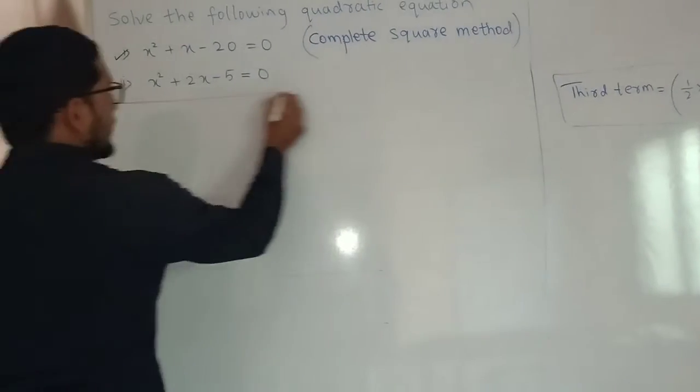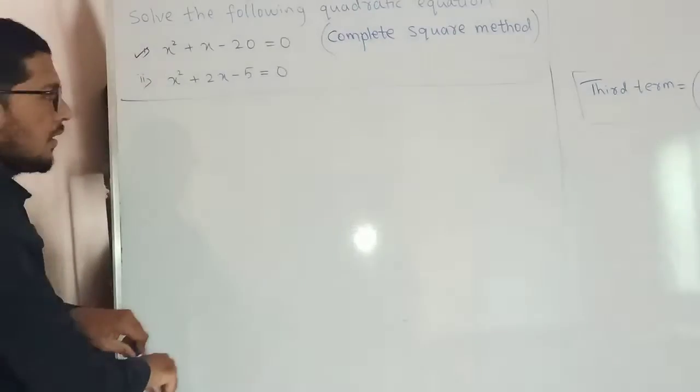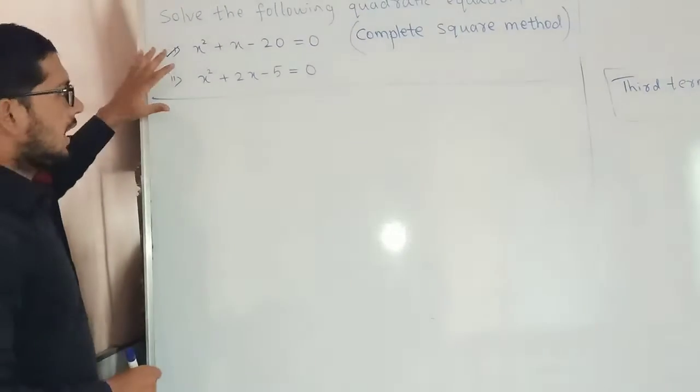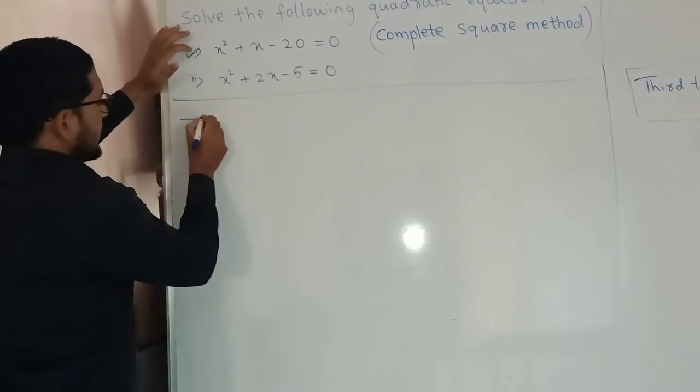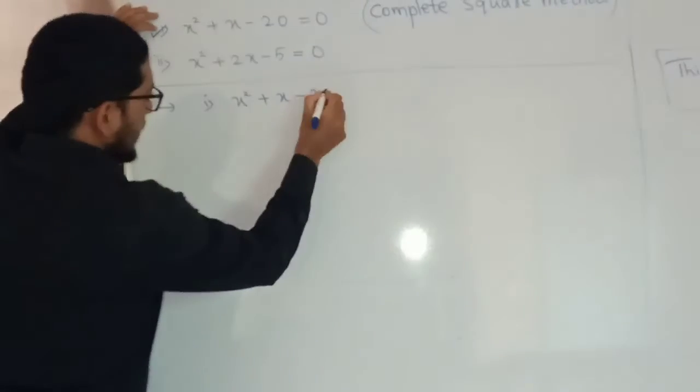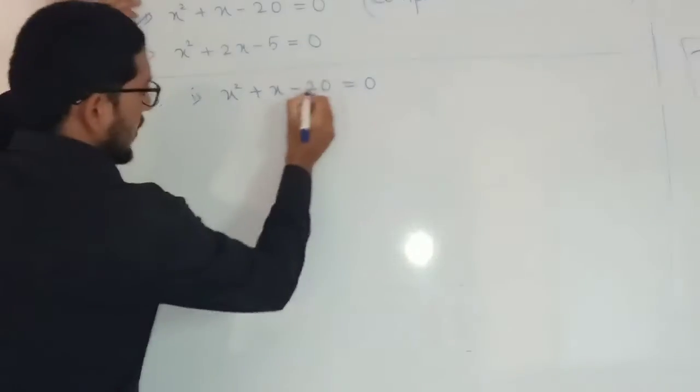So how will you solve this? I am solving these two examples on the board so that we understand them first. The first question is x square plus x minus 20 equal to 0.